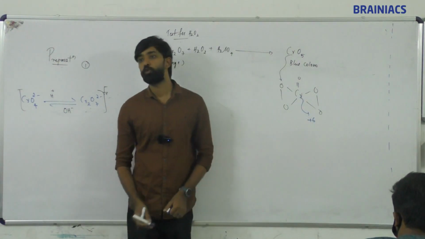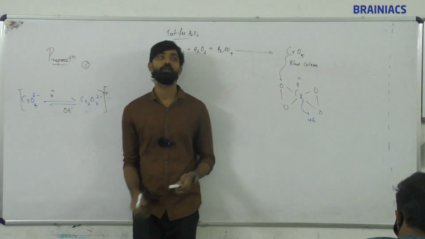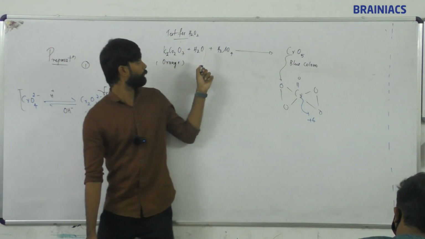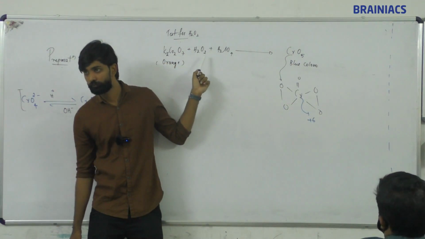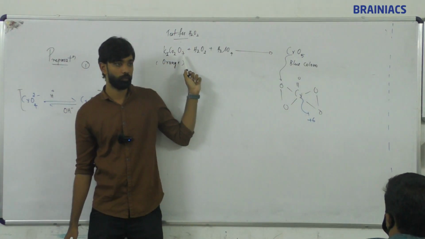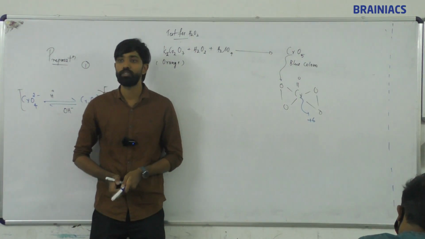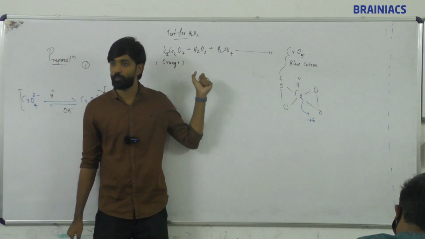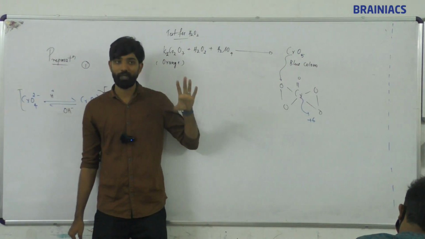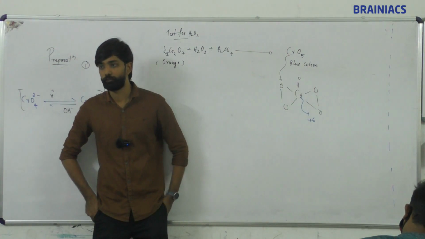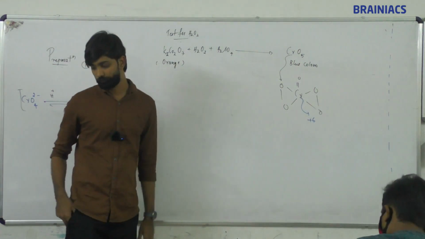The peroxide linkage is formed by the presence of hydrogen peroxide with dichromate. So the orange colored dichromate turning blue indicates the presence of hydrogen peroxide. So this is a test of hydrogen peroxide in terms of dichromate. Okay, so put it as a note.